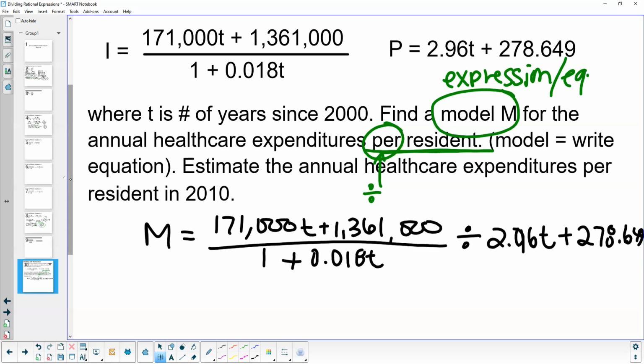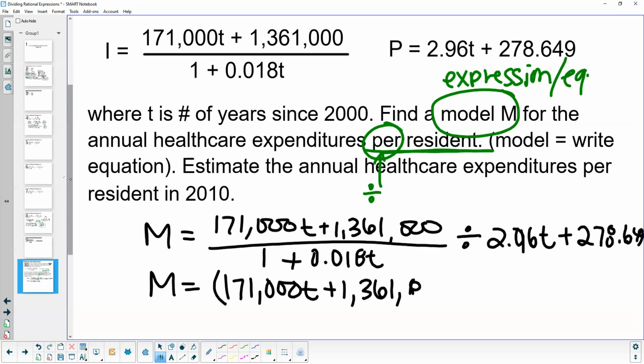Okay, so then we're going to have to flip that if we wanted to write it another way and multiply it together. We can either leave it like this, or we could say our model is 171,000 times the number of years since 2000 plus 1,361,000. This is going to get flipped and changed to a multiplication sign.